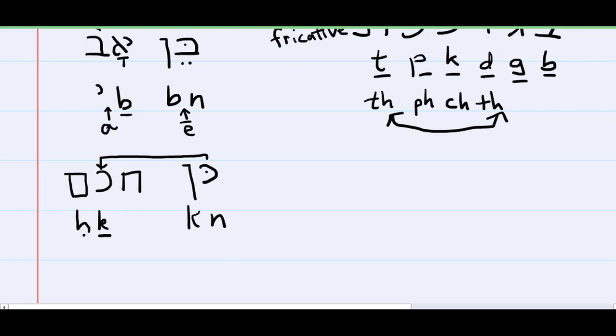That dot is different than the dot of the dagesh, because this dot has to do with the English transliteration, so don't get those dots confused. And then the final mem goes next. So cham, cham. Okay? So fricative K, ch, ch, ch, hard stop K, k, k, k. King, chakham. There you go.